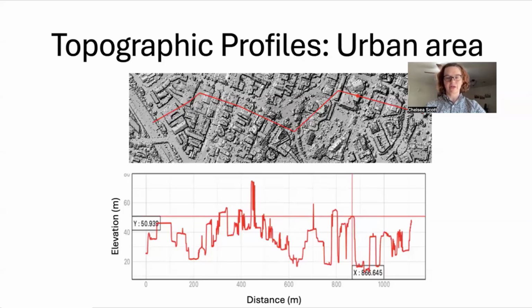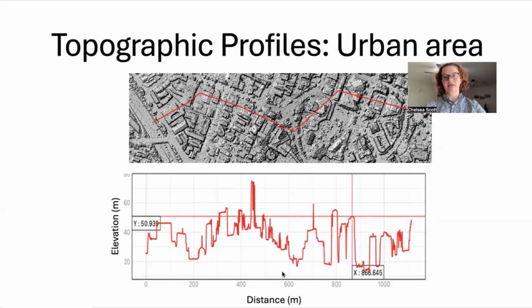On the top figure here, you see the cityscape of Auckland, New Zealand. And you see a lot of typical features, such as a building, a road, and a bridge. And we can use topographic profiles as a different way to view this landscape.